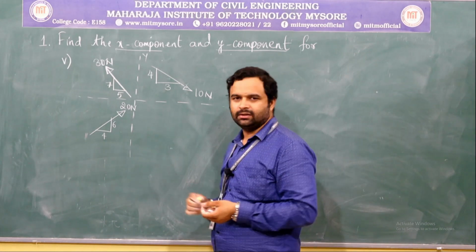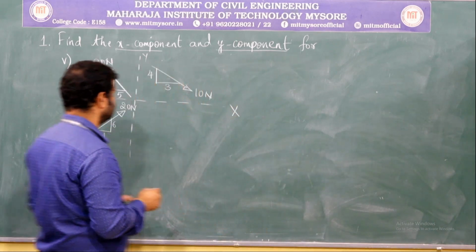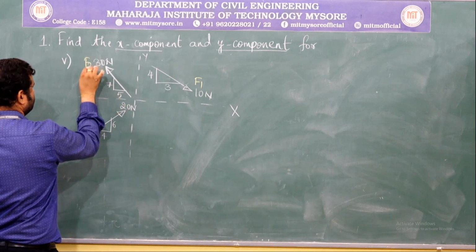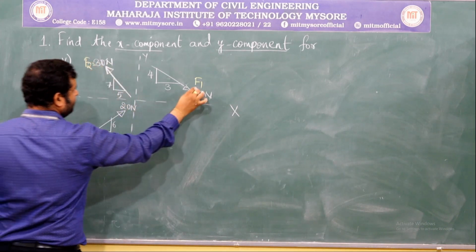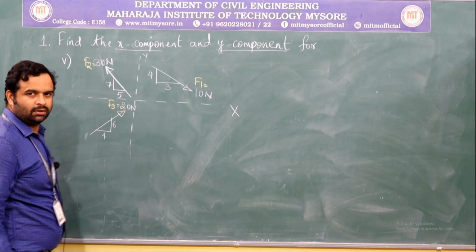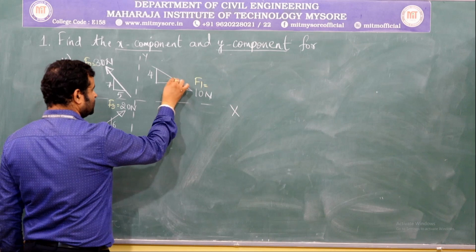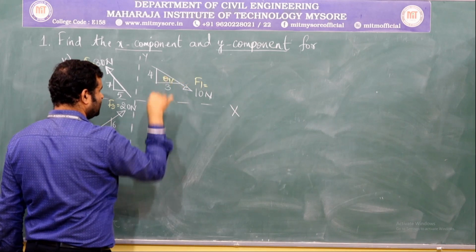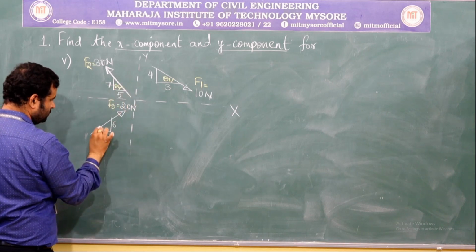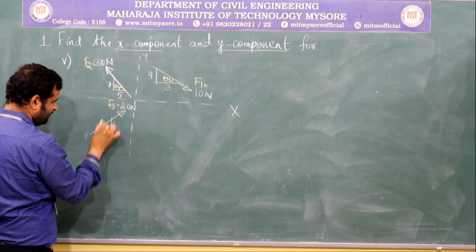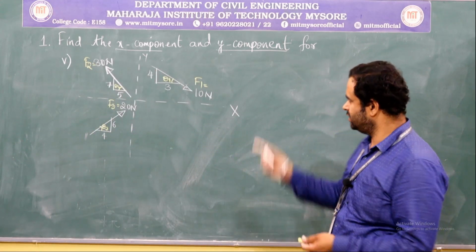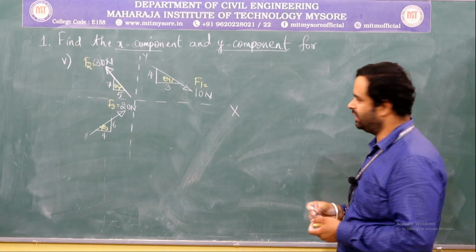Let us calculate the angles of inclination. Let this be the force F1, this force be F2 and this force be F3, and let this be the angle of inclination theta 1, this be theta 2, and this be theta 3. First you need to calculate the theta 1, theta 2, theta 3 values.